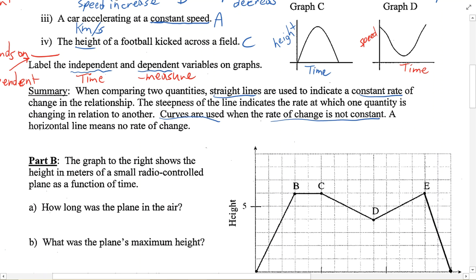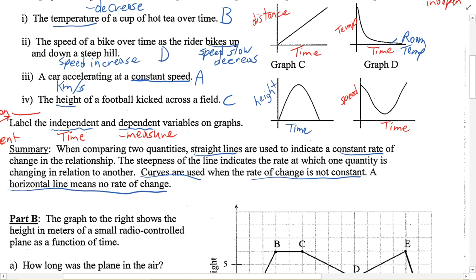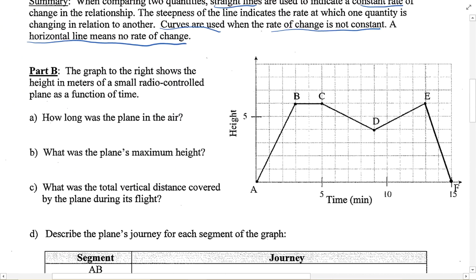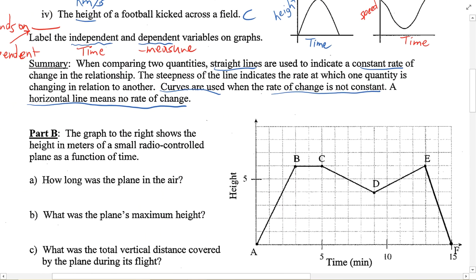Okay, and the last one is a horizontal line means no rate of change. Things are still happening, but there's no change occurring in the height or the speed or the temperature or the distance. Okay, so let's have a look at this graph right over here. A horizontal line would be something like this, completely flat.